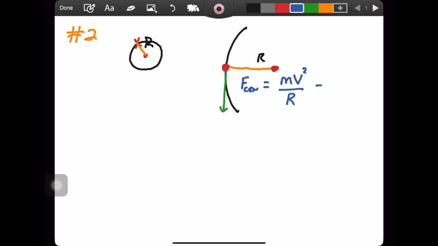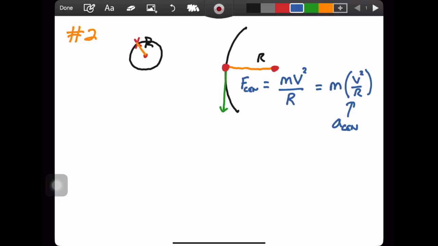And just to point out, if I take out the mass m, v squared over r is my centripetal acceleration. I need a force that supplies a centripetal acceleration to keep the mass in uniform circular motion.